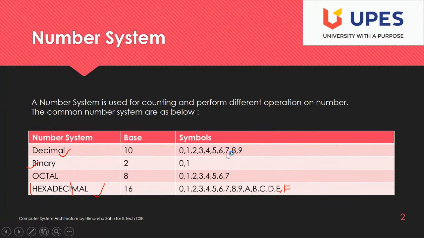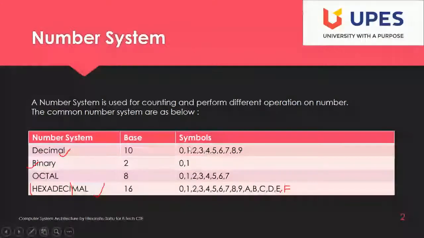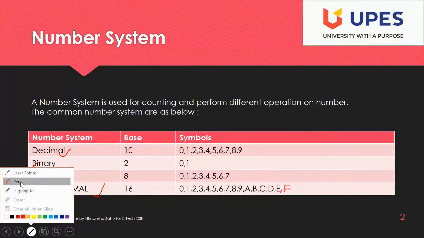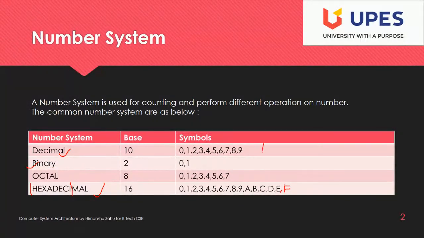So you cannot go beyond the base, meaning the symbols will be 0 to n minus 1. For any base, the range of the symbols will be 0 to base minus 1. So if base is 10, then 0 to 9; if base is 16, then 0 to 15, something like this.